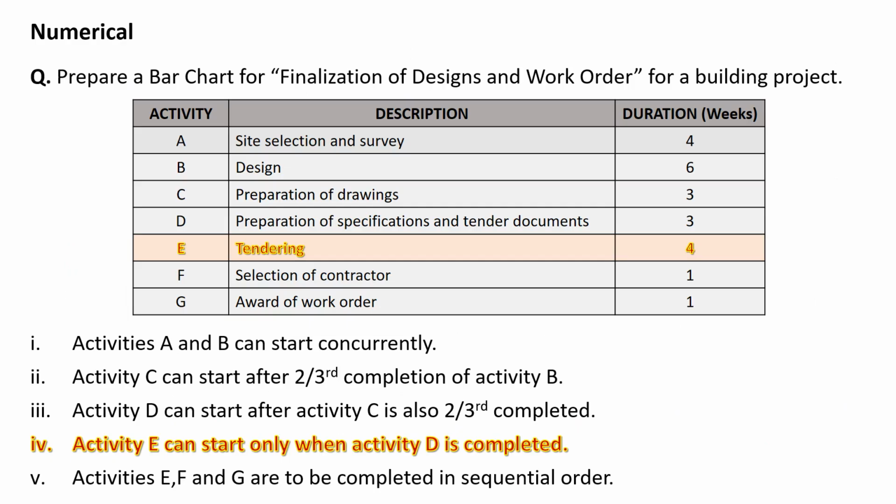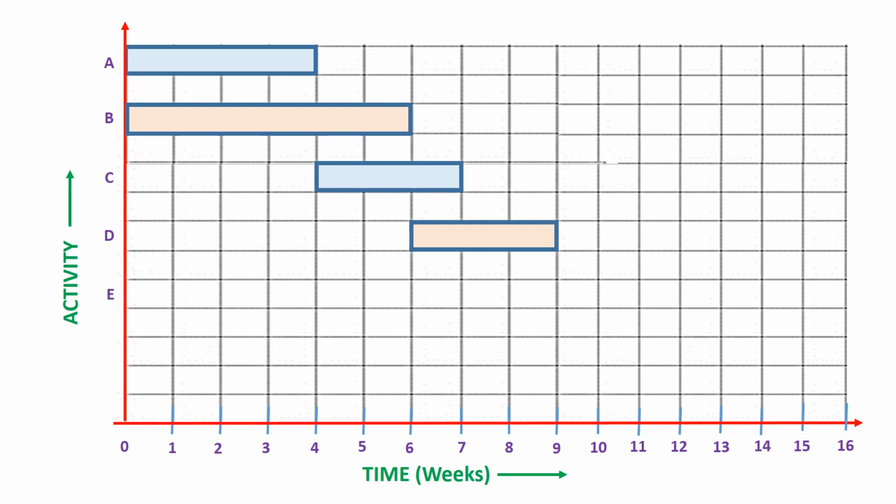Activity E can start only when activity D is completed. So activity E is the tendering, and it is taking 4 weeks of time. And let's see how we can draw activity E. I have activity E below activity D, and it can start only after activity D is completed.